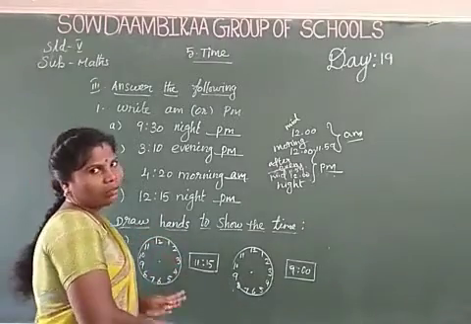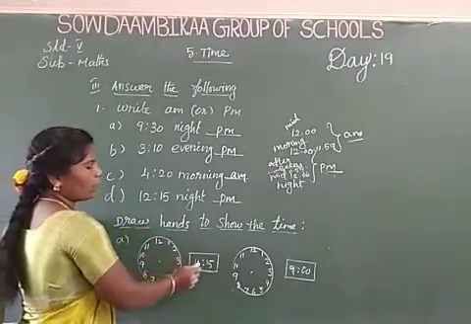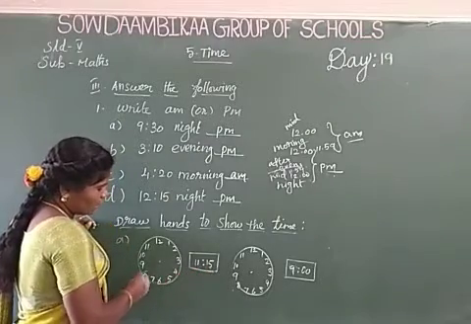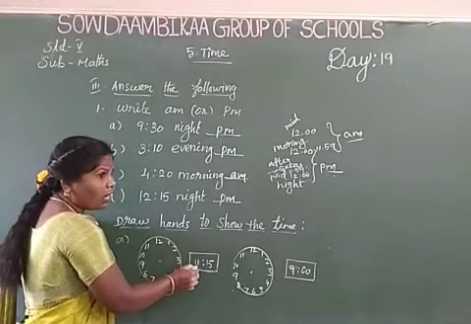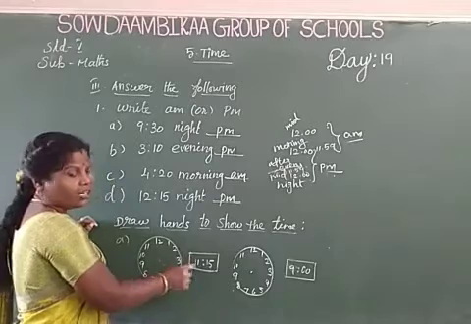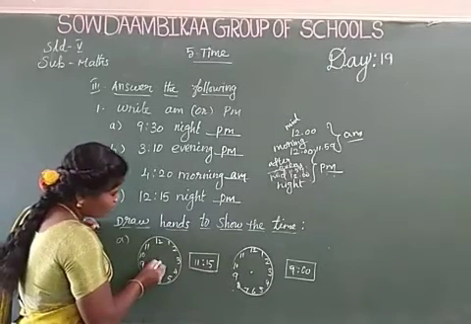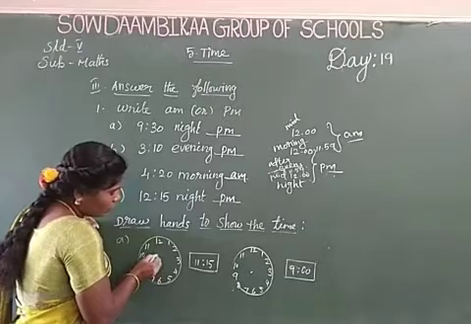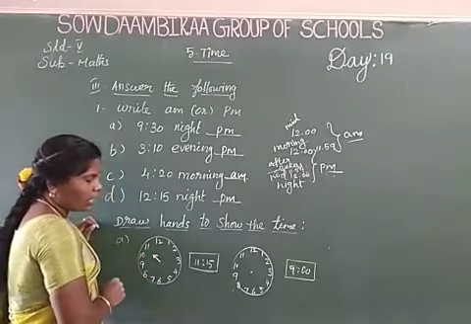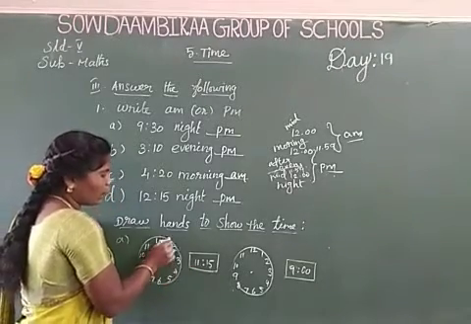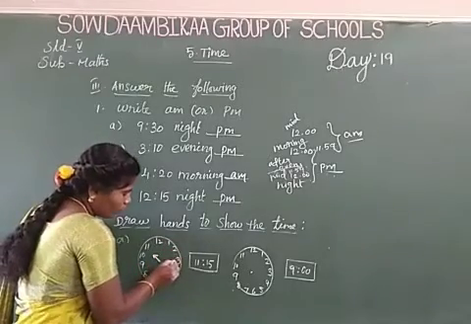The next, draw hands to show the time, given the wall clock only. You draw the 11:15 time. Where is the 11? The small hand shows the hours and the big hand shows the minutes. So draw the small hand at 11. And 15, where is 15? 5, 10, 15.